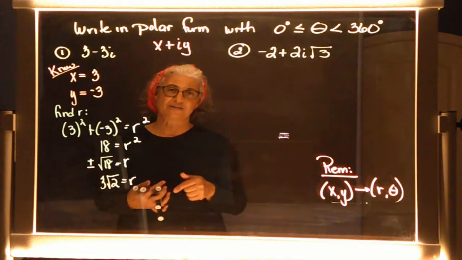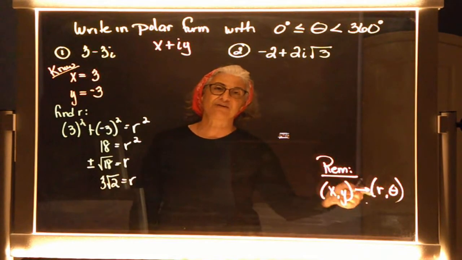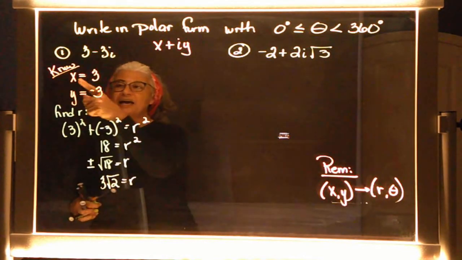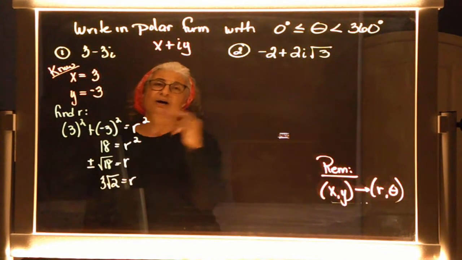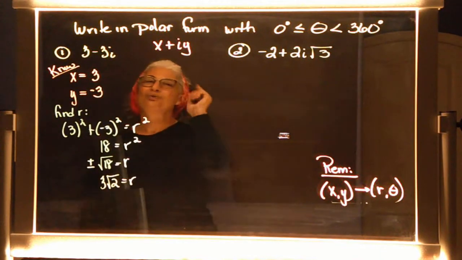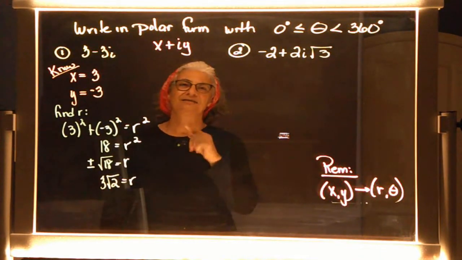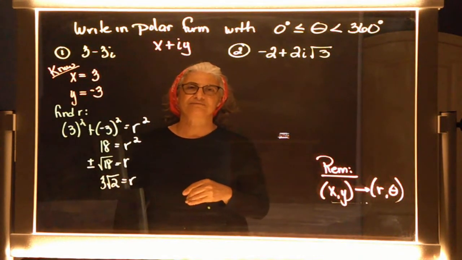Now what do you guys need to find? Yeah, you need to find theta. So just like over here, to find theta, notice we have x, y, and now we have r. So if you know x, y, and r, what can you find? That's right. You can find cosine, sine, tangent, all those other guys, can't you?